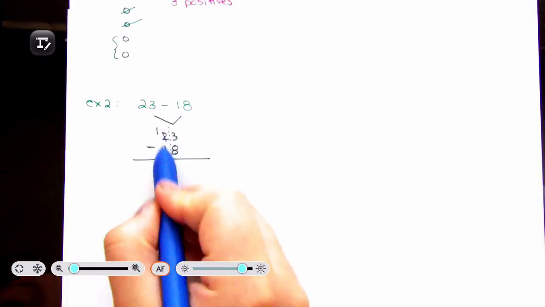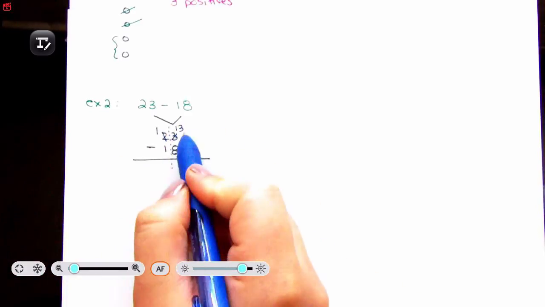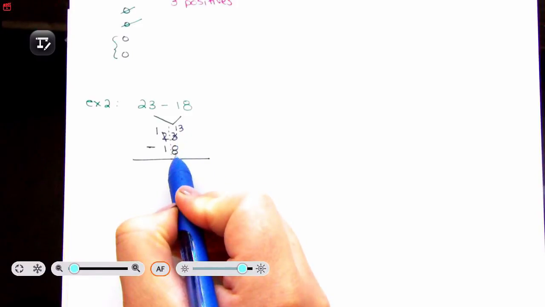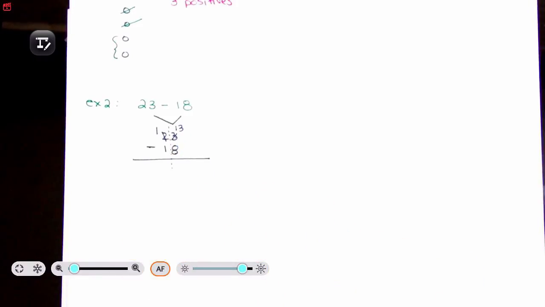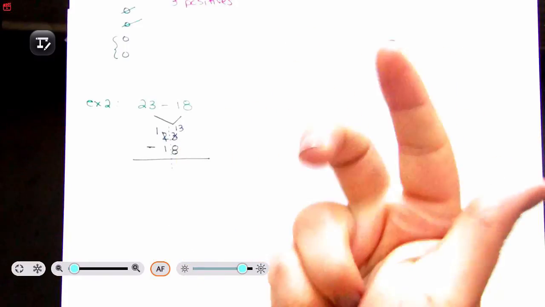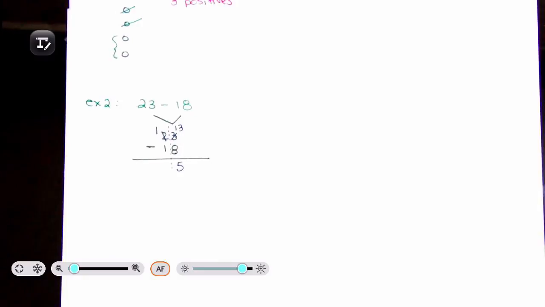So this is in my tens place, and this becomes 13. So now I'm saying, hey, I have 13 now. Can I take away 8? Yes. And again, I don't know this off the top of my head, so I use my fingers. For example, I count up. I said 13 minus 8, I don't know what that is, but I know that 8 plus 9, 10, 11, 12, 13. 8 plus 5 is 13.